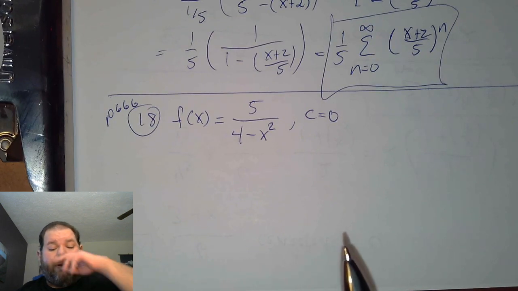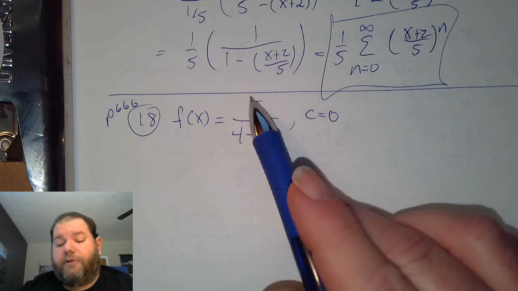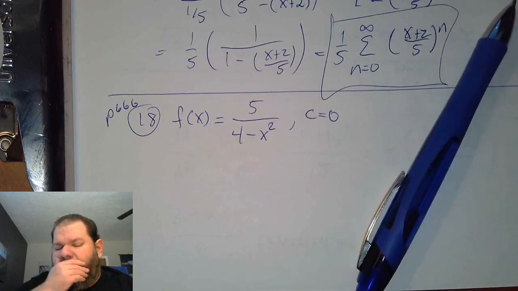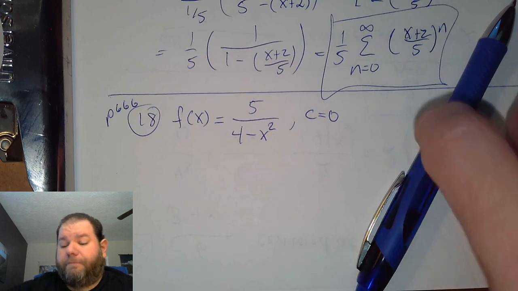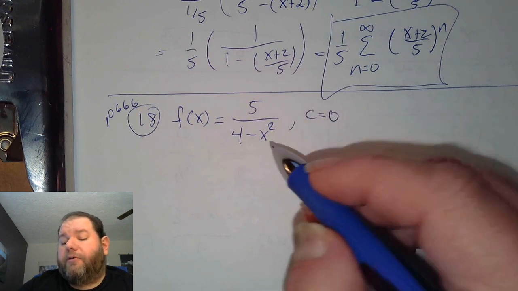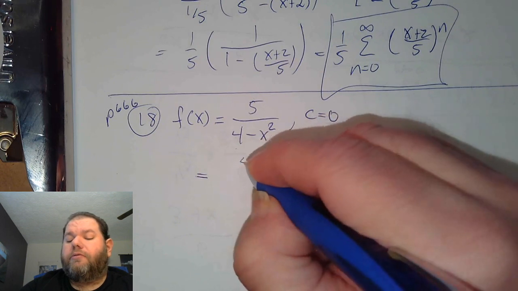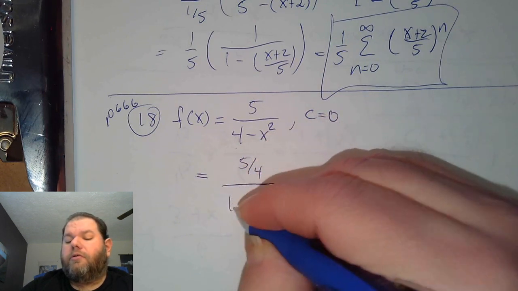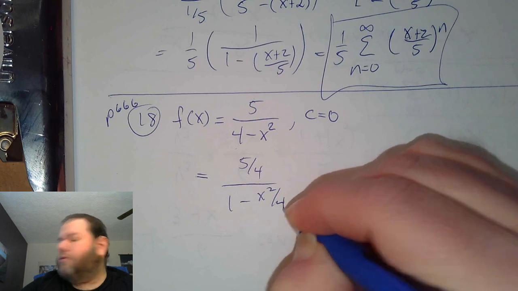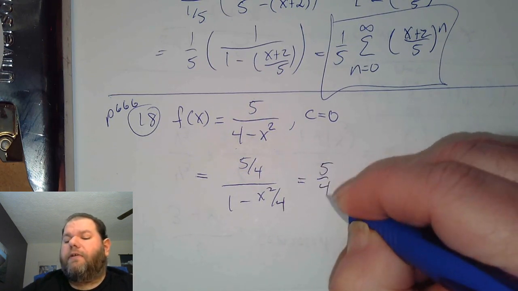There are some other things we need to consider, but we certainly have the 5 and the 4 to deal with. We can go ahead and get rid of the 4 by dividing everything by 4, factoring out the 5/4.